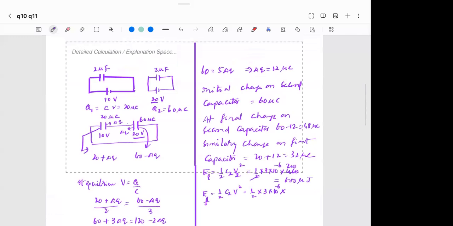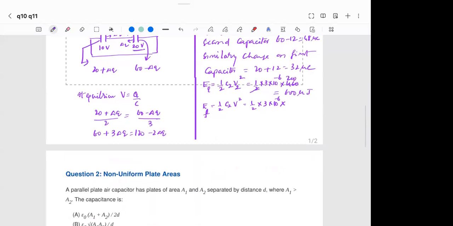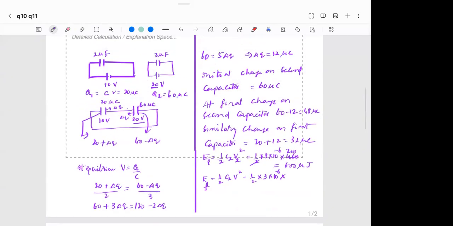What is common potential here? Delta Q, how much did we get? 12. Delta Q is 12.